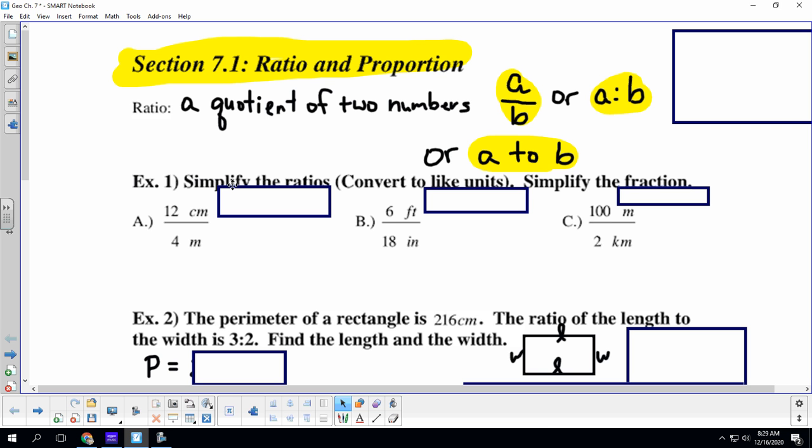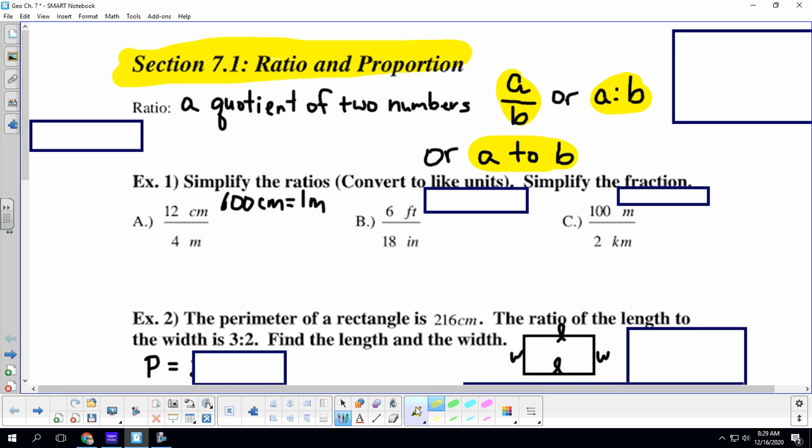Example 1, simplify the ratios, then simplify the fraction. So we're going to do these together. We have 12 centimeters to 4 meters. I don't blame you if you don't know, so I'm going to give you the conversions. There are 100 centimeters in 1 meter. So we're going to go ahead and multiply 4 by 100.